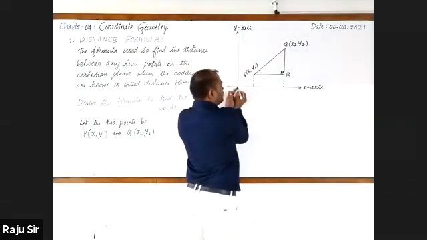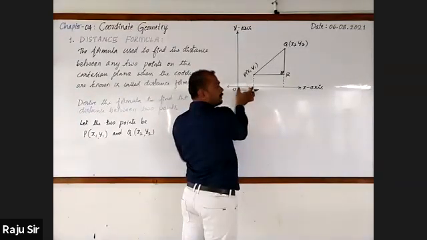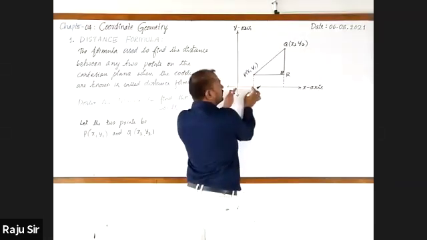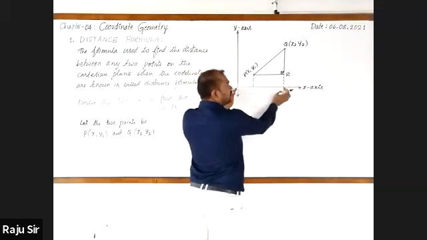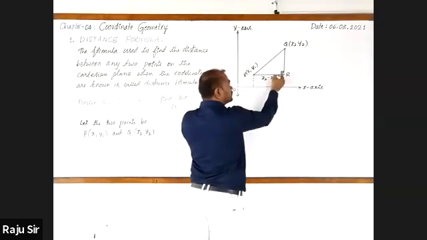Okay, what is the horizontal distance from here to here? It is x1 here and x2 here, so the distance between P and R is x2 minus x1.